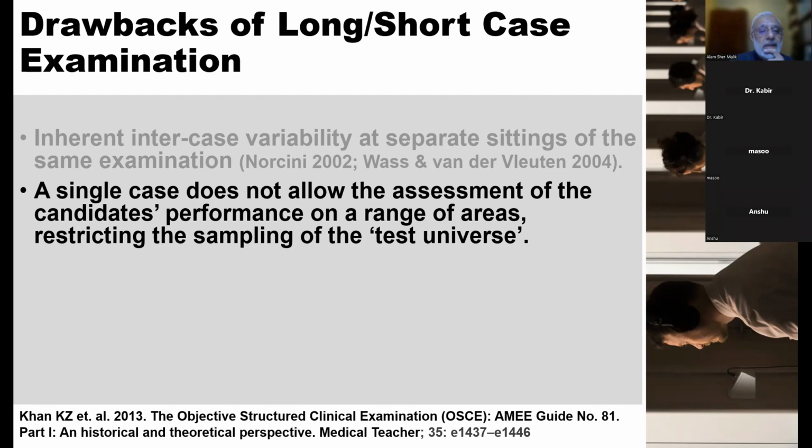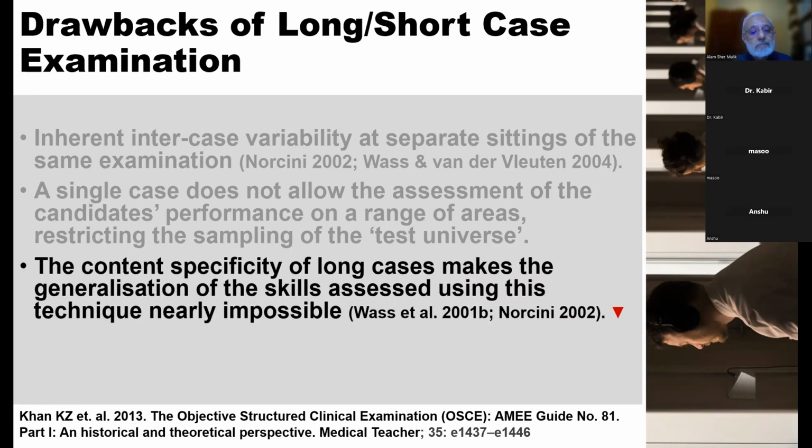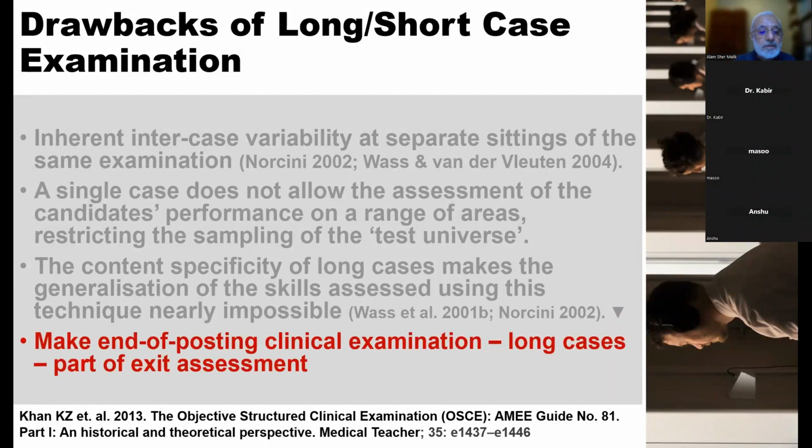And the next point is that we cannot generalize. If, for example, a student has done well on examination of the respiratory system, we cannot generalize that because the student is good in assessing the respiratory system, they would be good in assessing other systems, for example, the central nervous system as well. So these are the limitations.